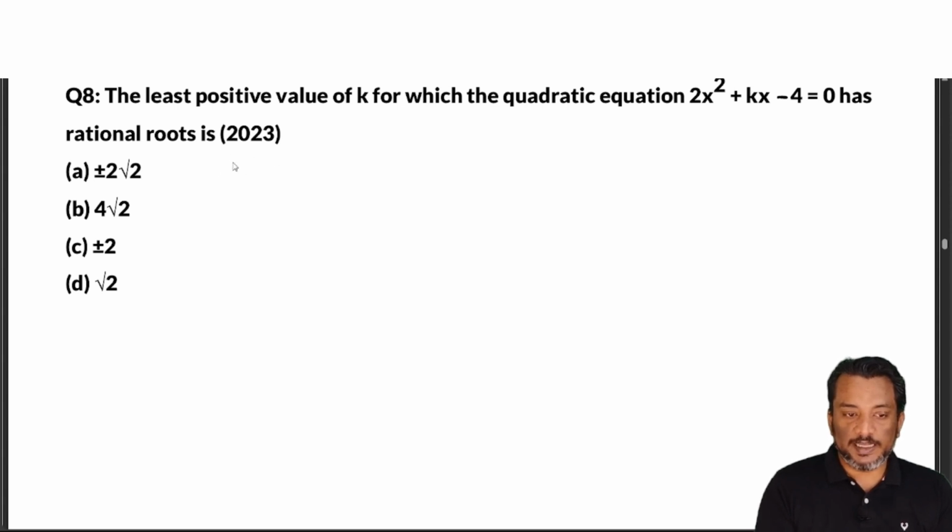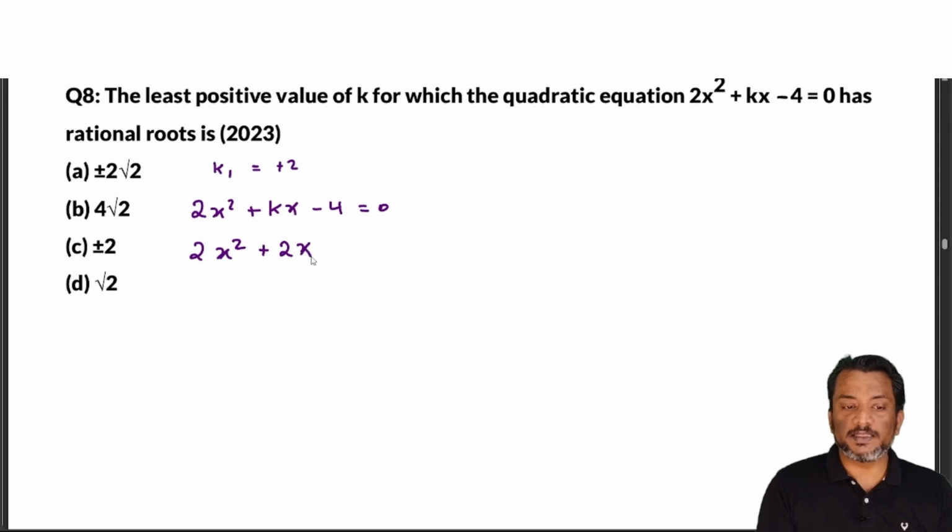So k is equal to plus 2, and our quadratic equation is 2x square plus kx minus 4 is equal to 0. Now we substitute the value of k: 2x square plus 2x minus 4 is equal to 0.